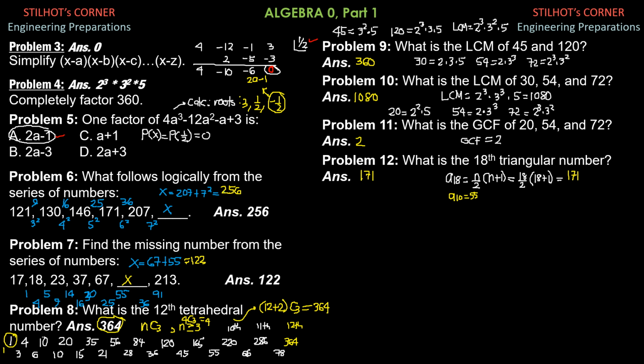plus 11, 66. So A11 is 66. That's just to check.